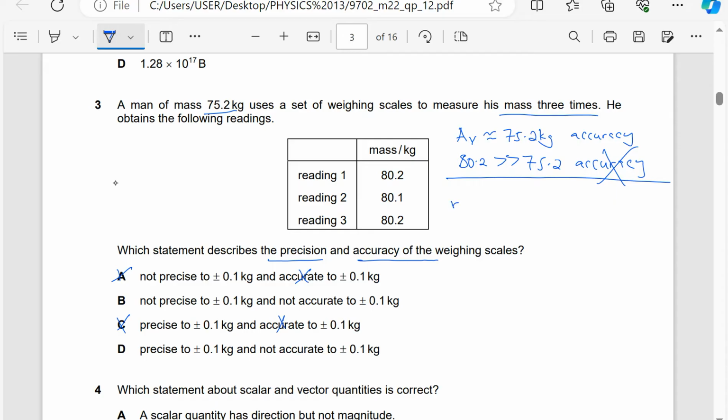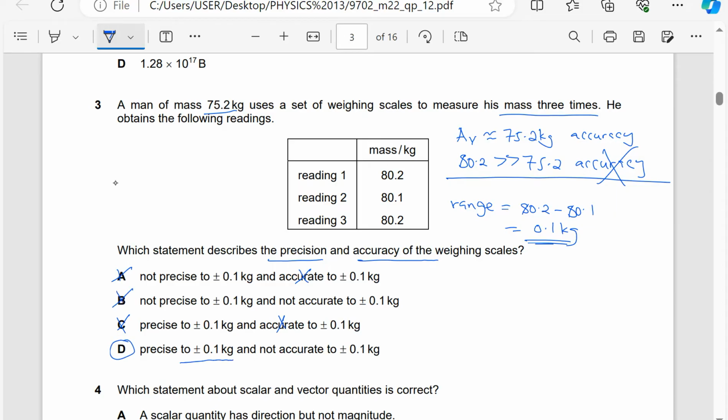The range is going to be 80.2 minus 80.1, which is equal to 0.1 kilograms. So they are precise to 0.1 kilograms. Let's check. B is saying not precise to 0.1 kilogram, but they are precise to 0.1 kilogram because the range is 0.1. So B is wrong. That means the answer is D.